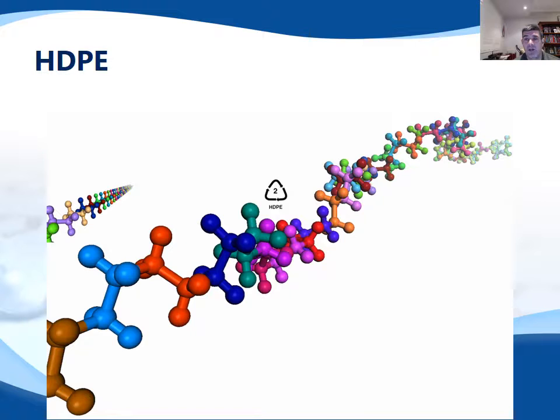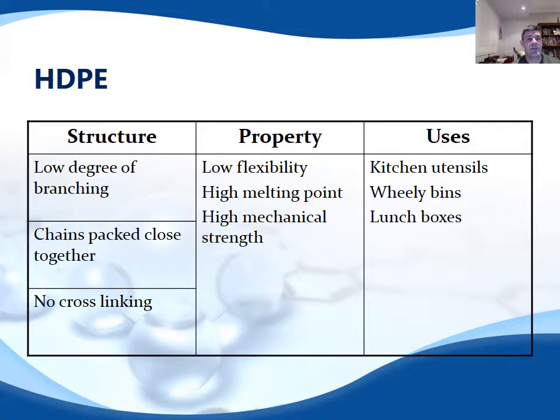HDPE is long chains, much more densely packed, tighter structures, and as a consequence of that, low degree of branching, tightly packed chains, and that means that we have low flexibility, a high melting point, and mechanical strength. So these are more rigid and strong, rather than the flexible ones that we saw for the LDPE.